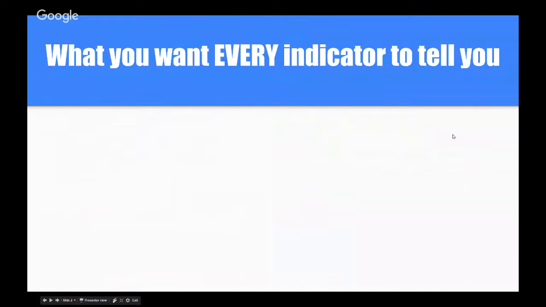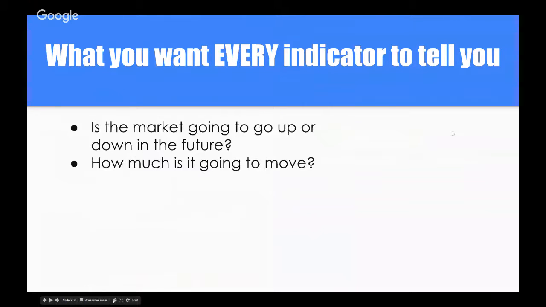And we learned last week what you want every indicator to tell you is basically two things. You want to ask the question, hey indicator, is the market going to go up or down at some point in the future? And then you want to know in the future, how much is it going to go up or down?